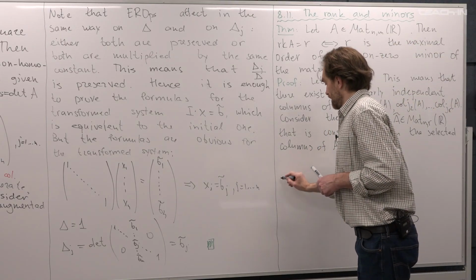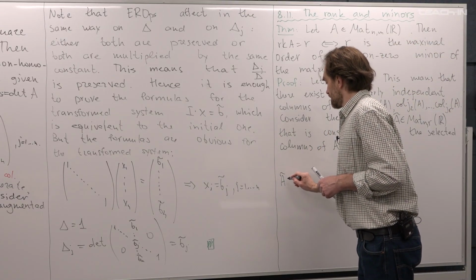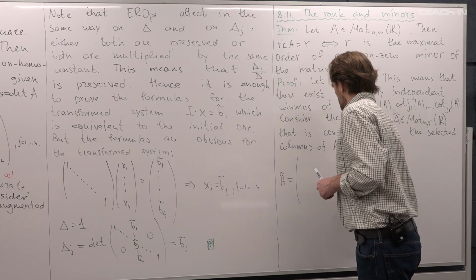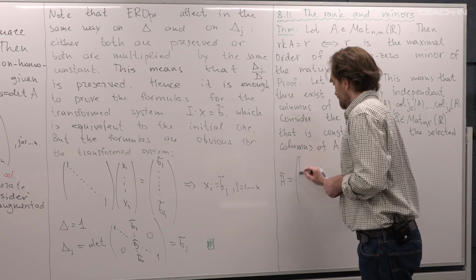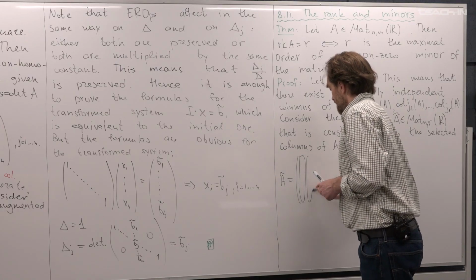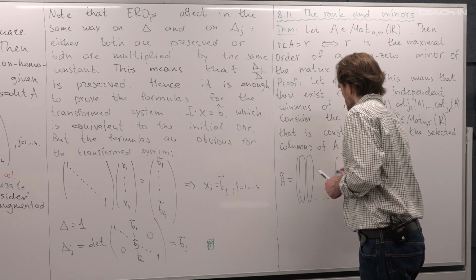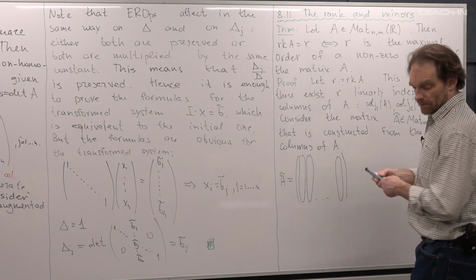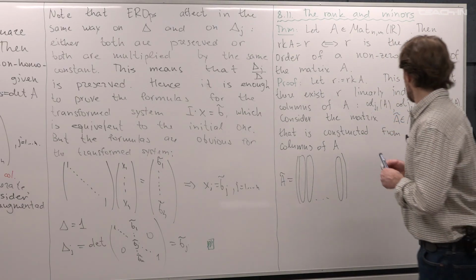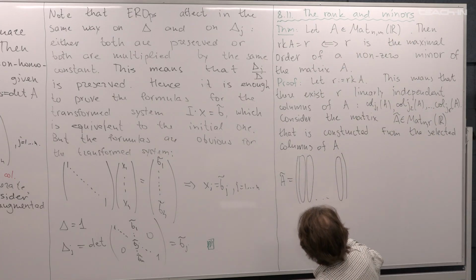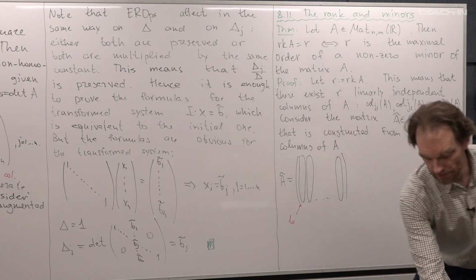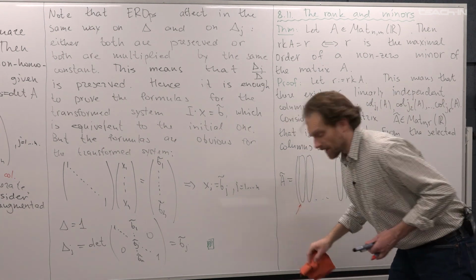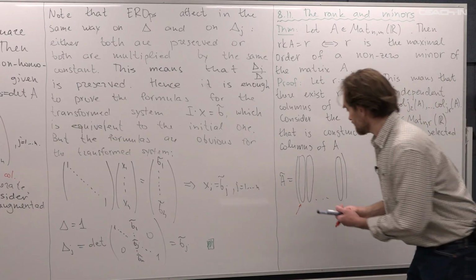We have this A tilde. Its first column is the column of the matrix A with the number j sub 1. Its second column is the column of the matrix A with the number j sub 2, and so on. So this is how we construct the matrix A tilde.